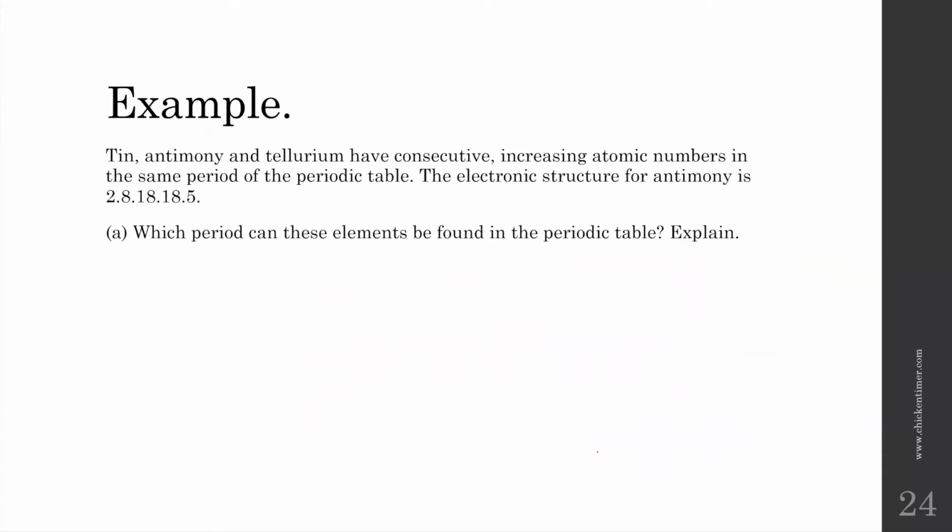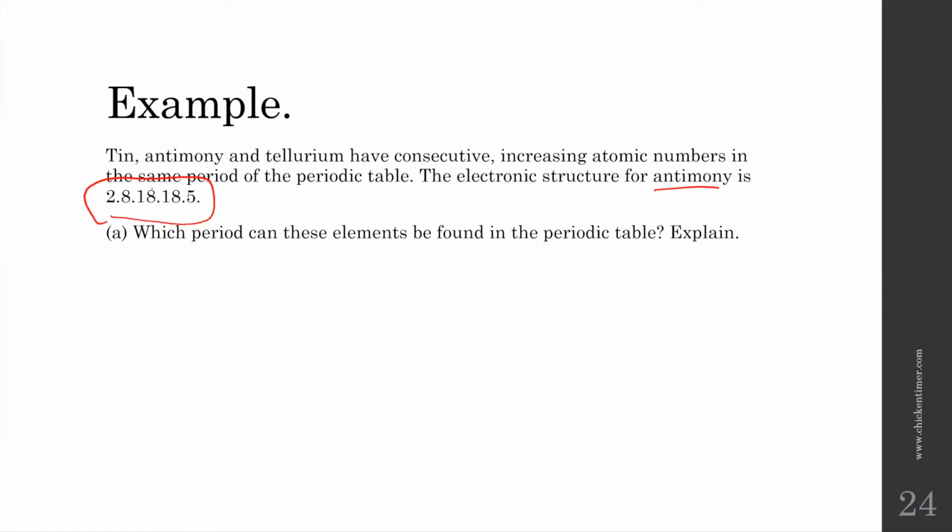Okay, so we have this. What is antimony? It's an element. This is the example I was talking about, but I got the electronic configuration wrong. It's 2, 8, 18, 18, 5. So there's this antimony with this scary electronic structure.